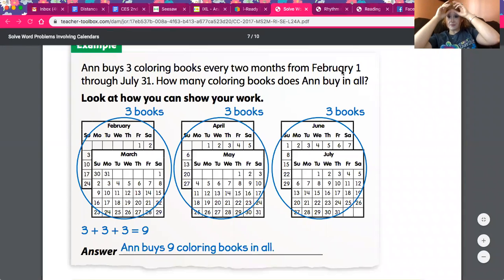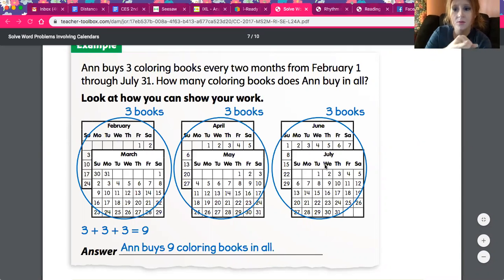We are looking at the picture here. They have divided it up by the months of the year: February, March, April, May, June, July, and they have grouped them into groups of 2 because it said that she buys 3 every 2 months.